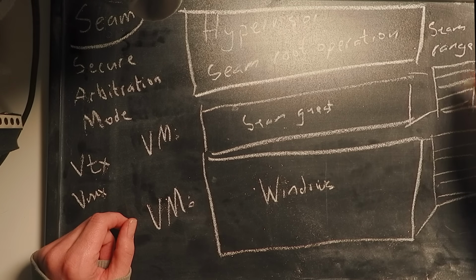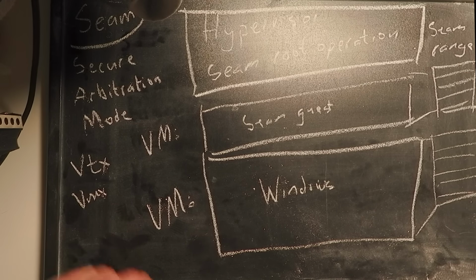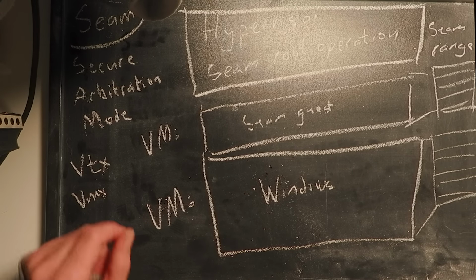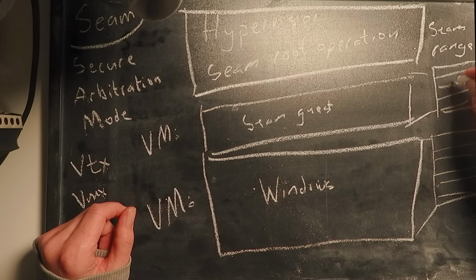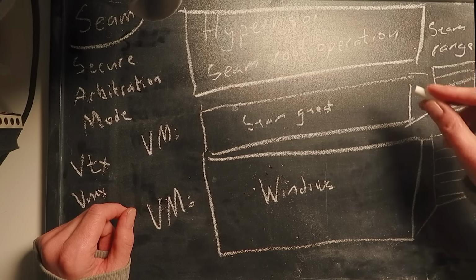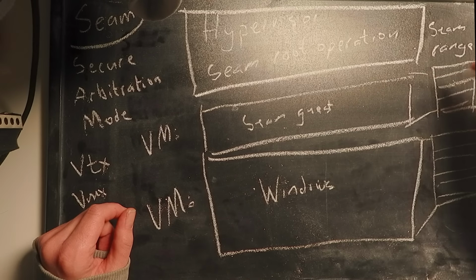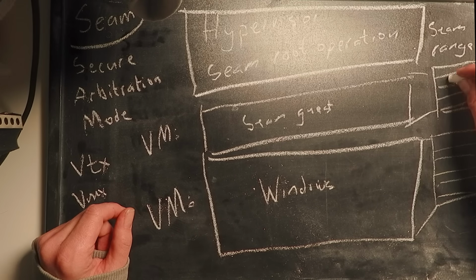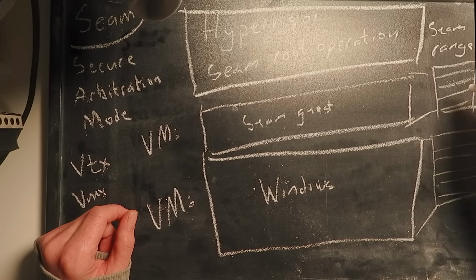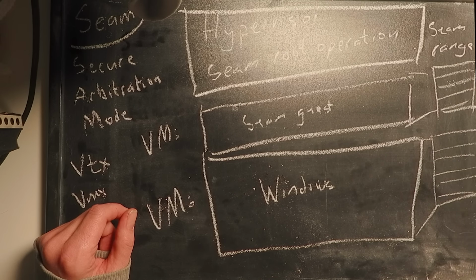And the interesting thing with this memory range is that it is encrypted. And it's not encrypted in software, it's encrypted in hardware. So each time this virtual machine tries to read or write or execute code in this memory range, your CPU automatically will decrypt and encrypt this memory.